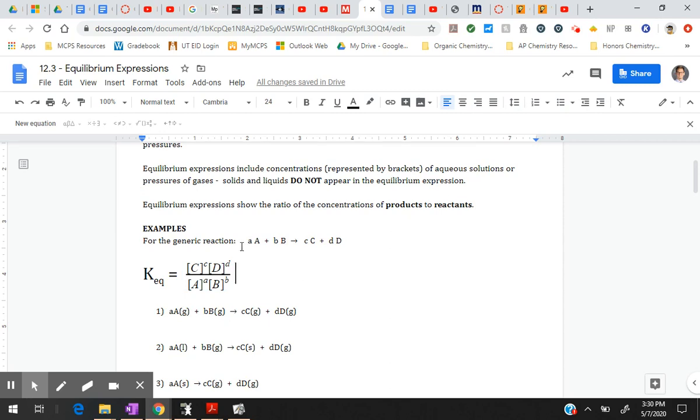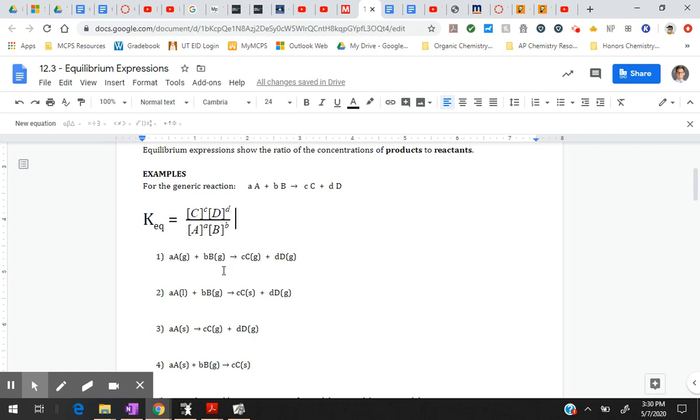That's being multiplied by the concentration of D, my other product, raised to the d power, which is again tied to my coefficient. On the reactants, on the denominator of my KEQ expression, I've got the concentration of A raised to the coefficient of A, and the concentration of B raised to the coefficient of B.